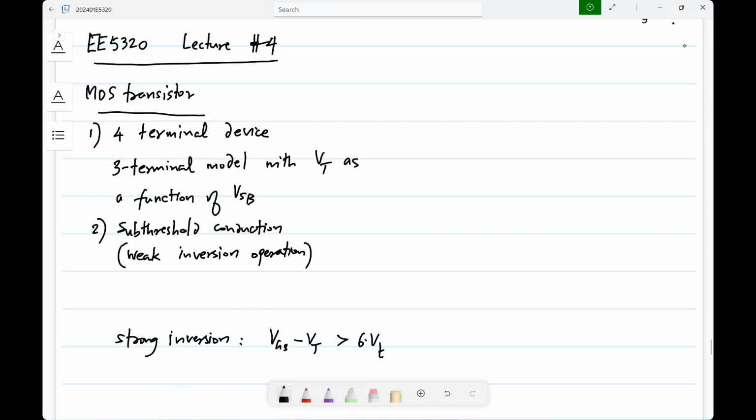How much is 6 times the thermal voltage? 150 millivolts. By the way, this VGS minus VT is also called overdrive.